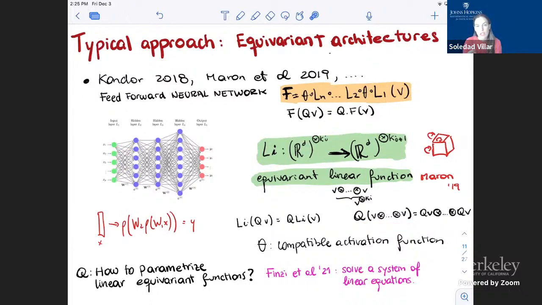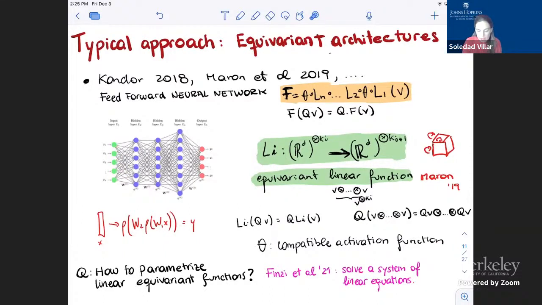Now the question is, how do you parameterize the functions that satisfy those properties? And also how do you find compatible activation functions? One approach, from a paper by Marc Finzi, Max Welling and Andrew Wilson, is solving a system of linear equations.